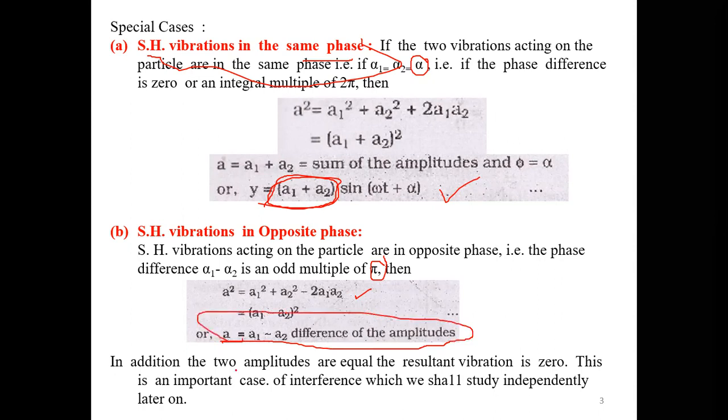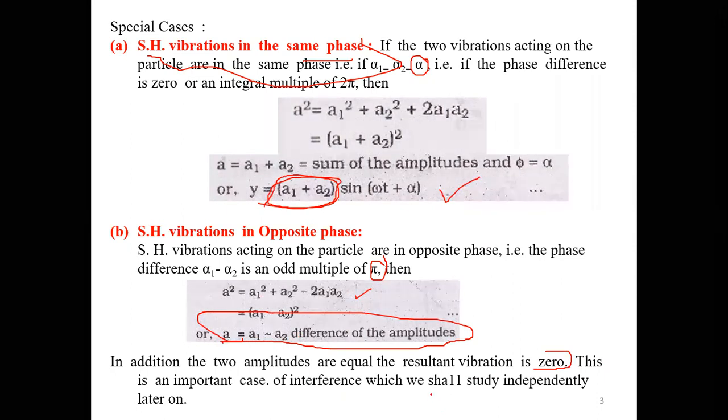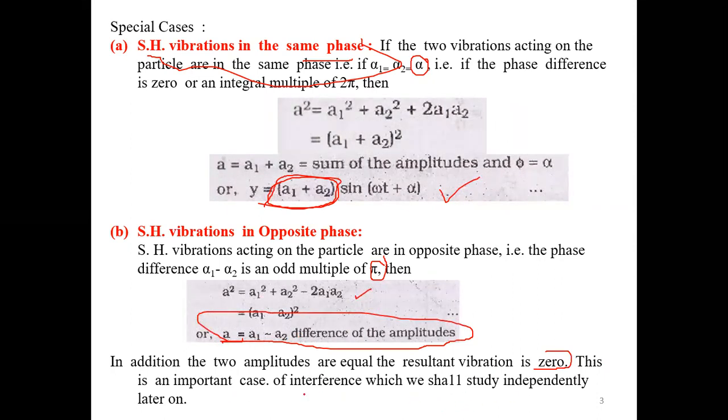Now, in addition, if the amplitudes A1 and A2 are the same, A will be 0. That means the amplitude will be 0. This is an important case of interference of light, which you have studied earlier. When the amplitudes are the same and the phases are opposite, the resultant intensity becomes 0.